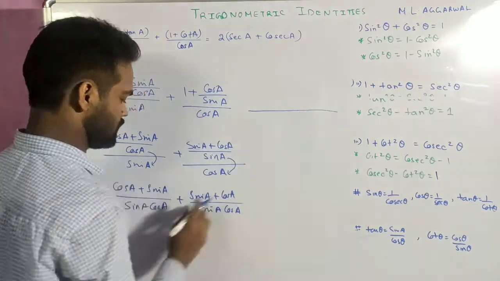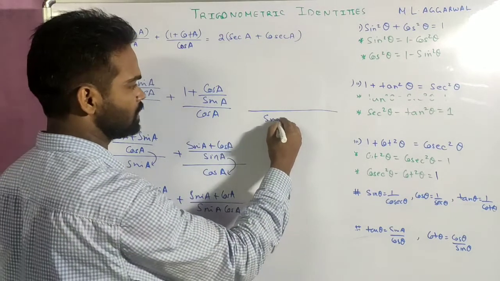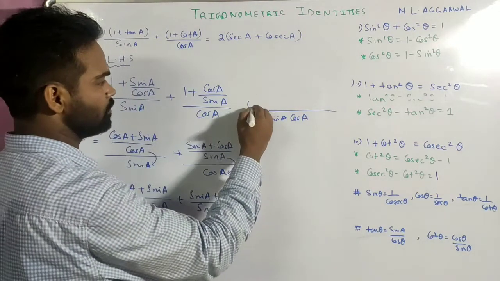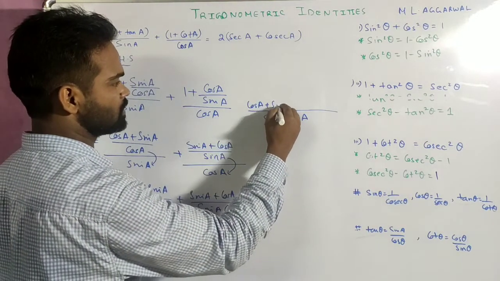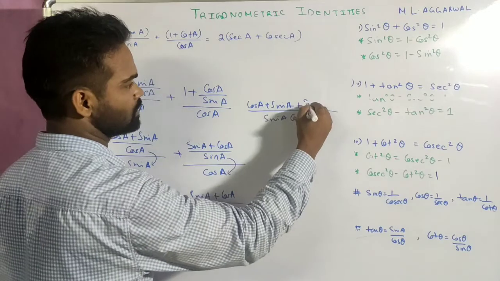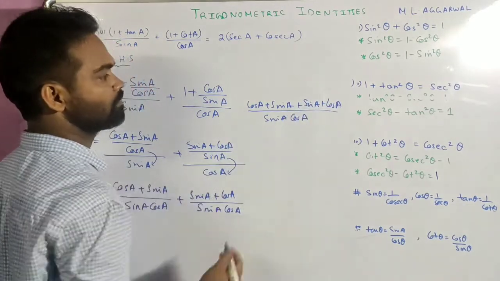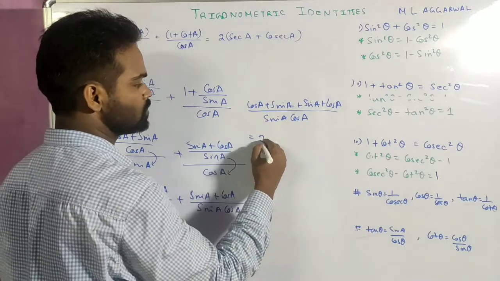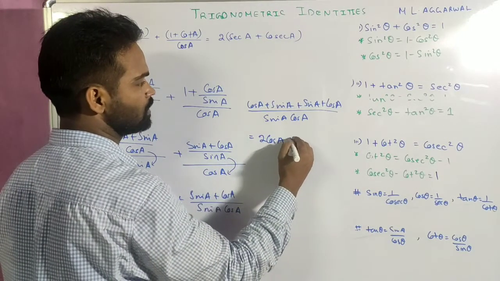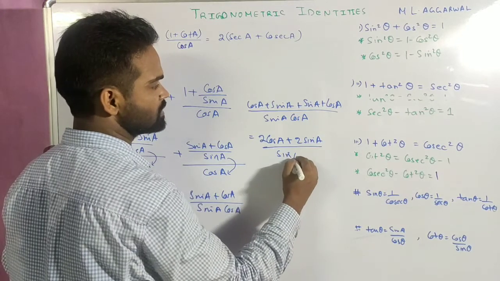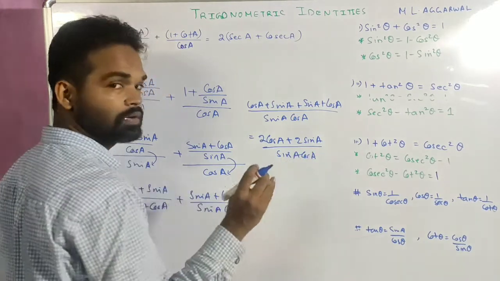Now you take LCM. So sin A cos A is LCM. So this remains as it is, cos A plus sin A plus sin A plus cos A, isn't it? So this becomes twice of cos A plus twice of sin A by sin A cos A. Now split it.